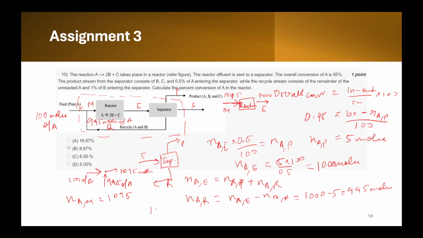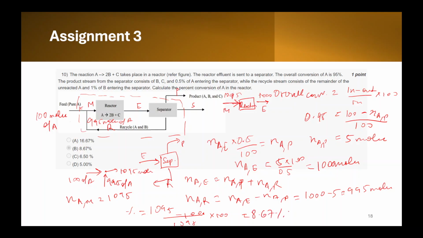So that will be 1095 minus 1000 upon 1095 into 100. So that will come out to be 8.67%.